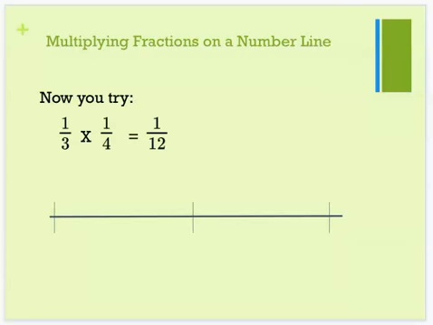Now you try fractions on a number line. This is 1/3 times 1/4 equals 1/12. You already know the answer because you know how to do the problem, but your students won't know. So when they do it, you're doing 1/3 copies of 1/4. So the first thing you'll want to do is show the 1/4 on your number line so you can see it.